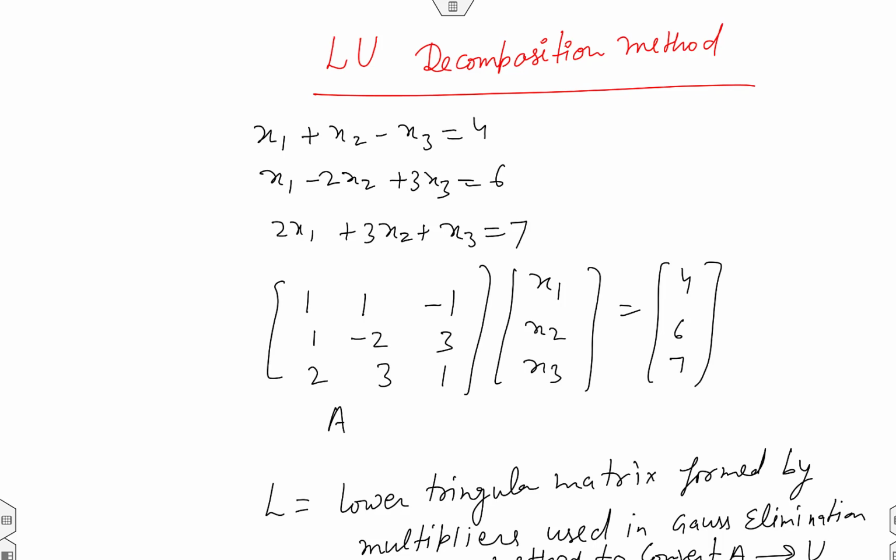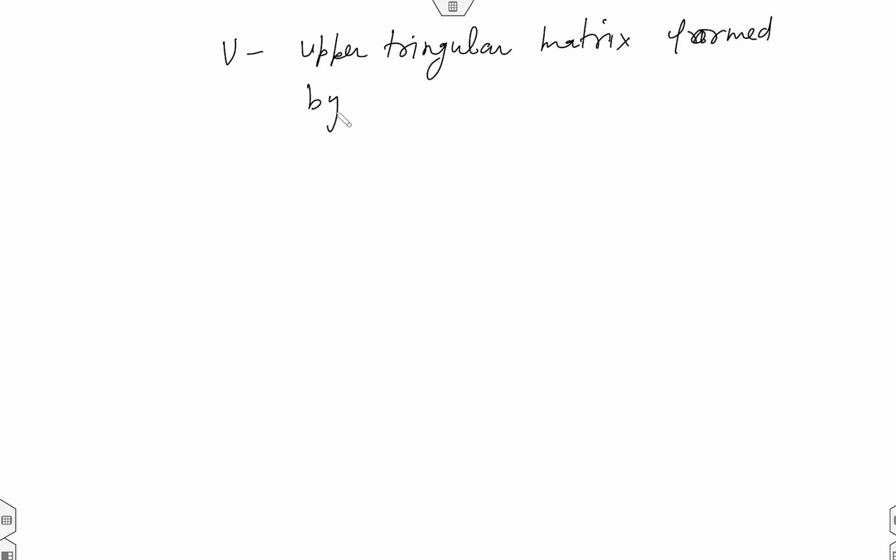And U is what? U is the upper triangular matrix formed by applying the Gauss elimination method. So we can write A in terms of L into U.